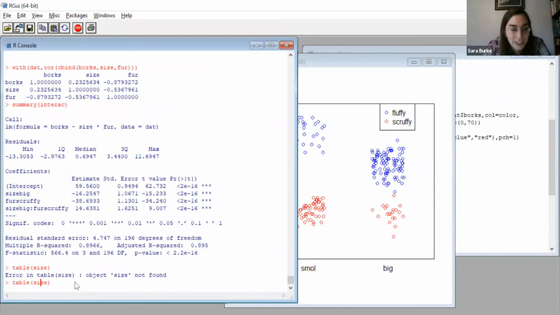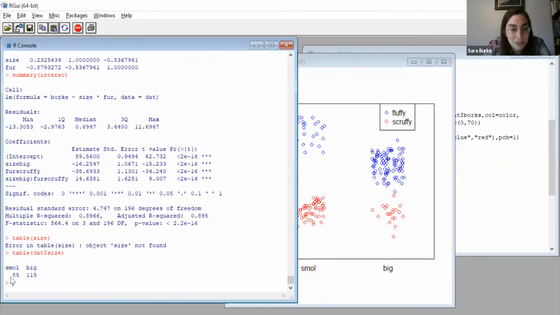Right, can't do it like that because size is within the data frame dat. And I would see that there's 85 small and 115 big. And this is an enumeration of the levels of this factor also. So I know that there are two categories, small and big. And I would want to know that before I even start fitting models.